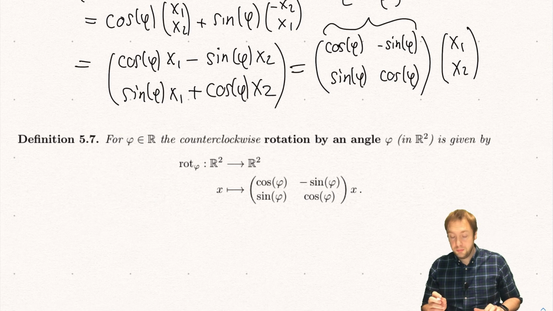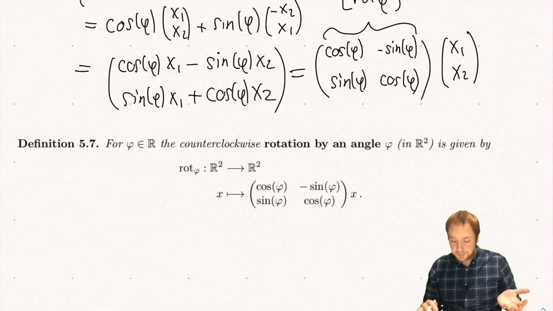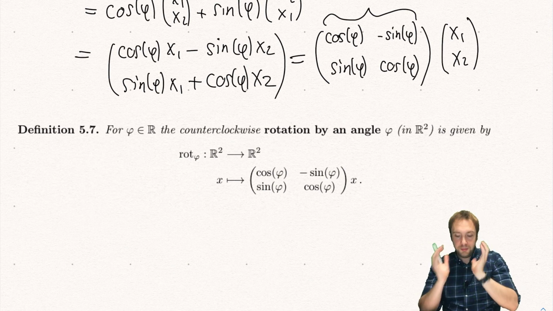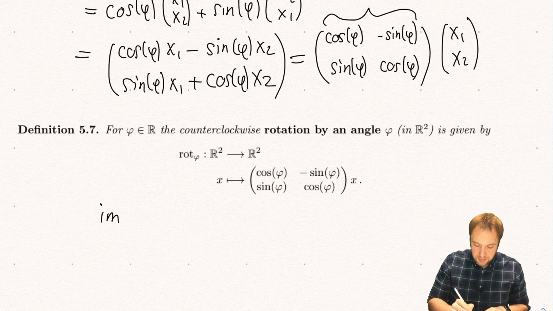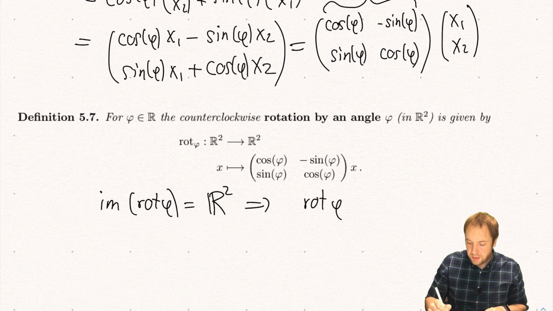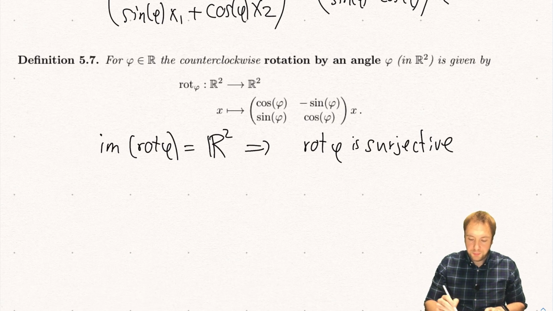And this map is also, well, what is the image of this map? Well, we just rotate the whole space, so the image is again everything. So the image of this rotation is R2. So in other words, this is surjective. And is it injective?